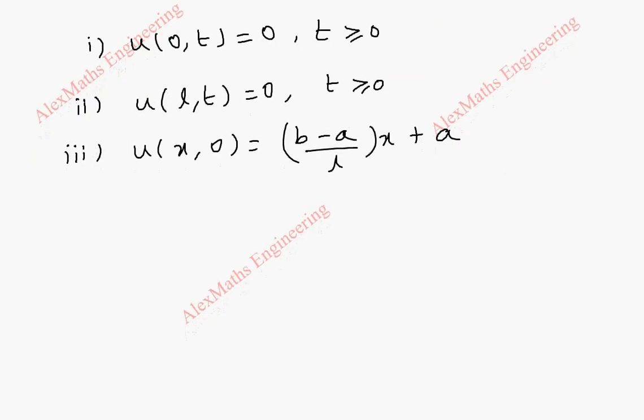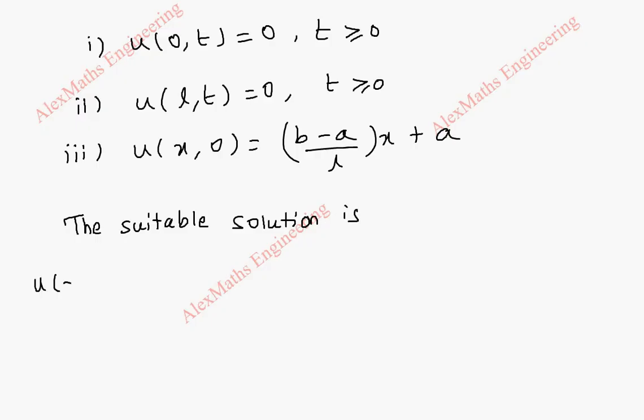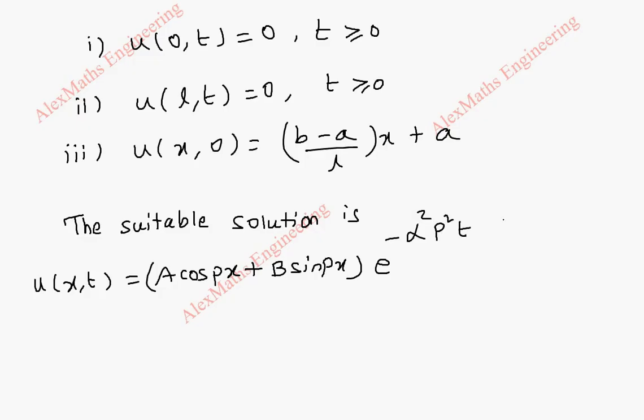Now we are going to write the suitable solution for the heat equation. The suitable solution is U of X comma T equals A cos Px plus B sin Px, into e power minus alpha square p square t.